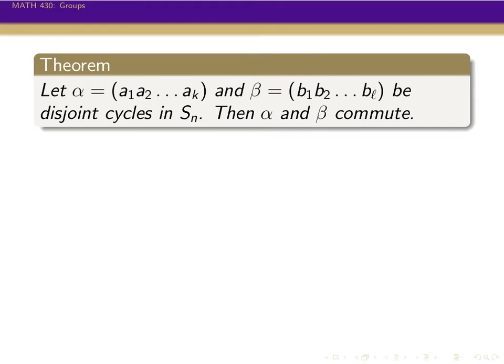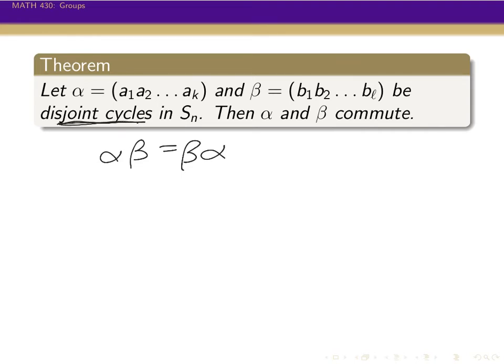Okay, now let's suppose that we have two cycles, alpha and beta, that don't share anything in common, so these are disjoint cycles. Then these two cycles will commute with each other. What I mean is that alpha beta, meaning apply beta first and then alpha, is the same thing as we would get if we do beta alpha. It is critically important that these are disjoint cycles for this to be true.